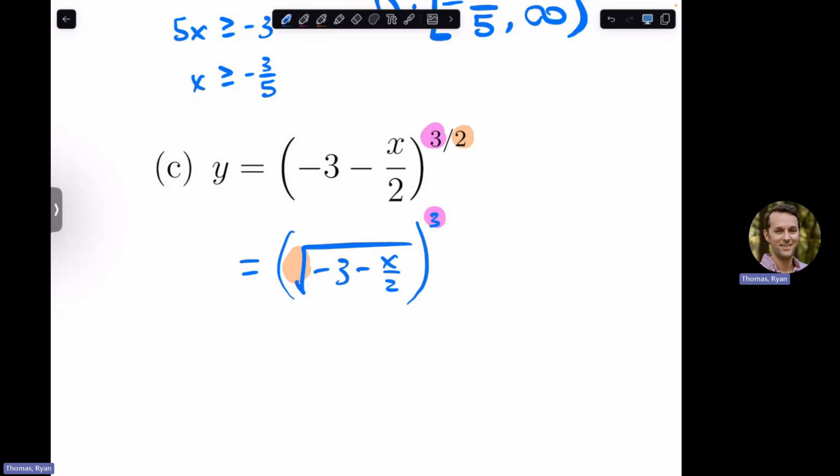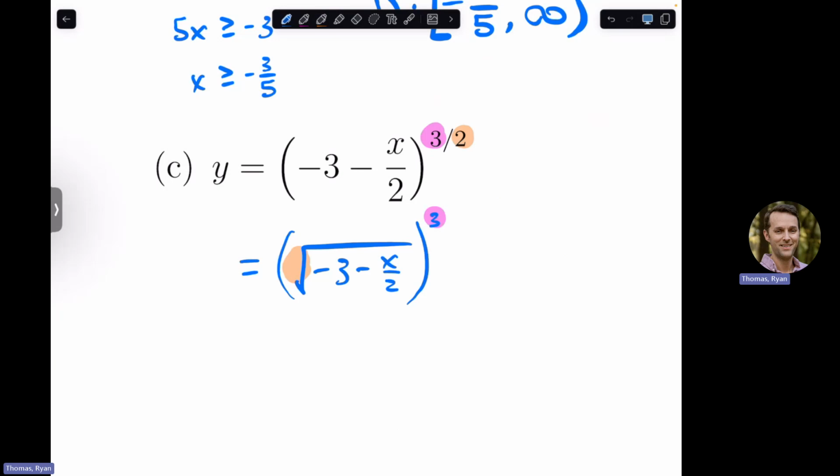Okay. So for the purpose of domain things, let's look at all the individual little pieces. -3 minus x over 2. That's just a linear thing, right? Dividing by 2, adding -3: add, subtract, multiply, divide. Those are linear operations. Those don't do anything with domain stuff. So the thing underneath is fine.